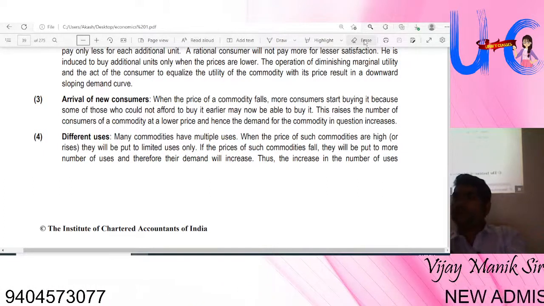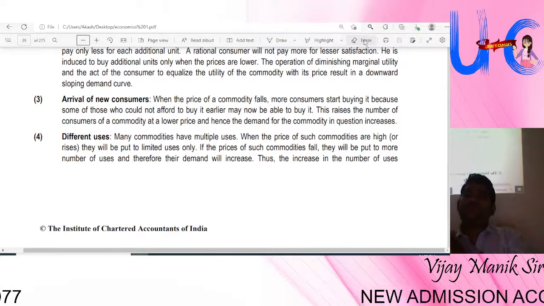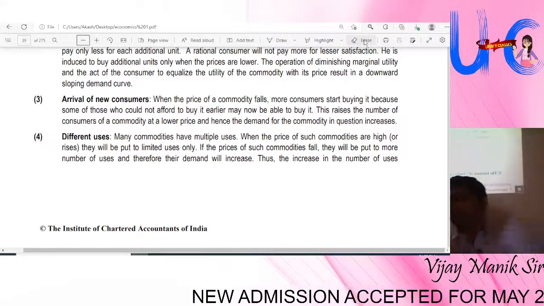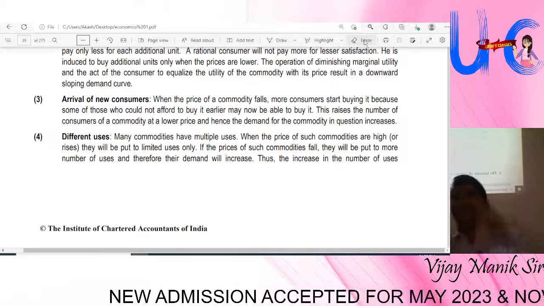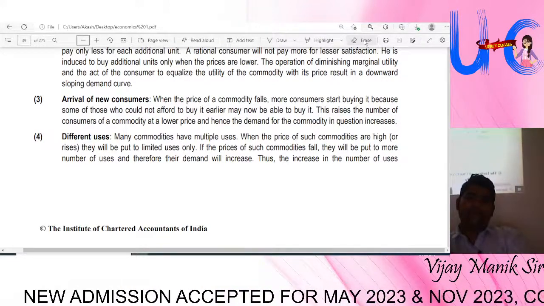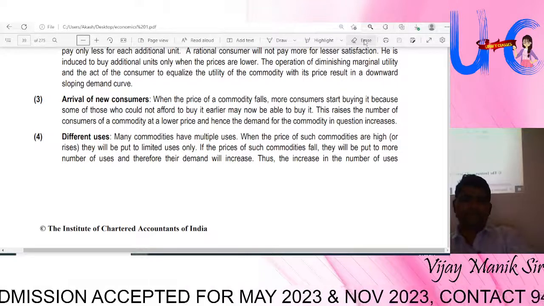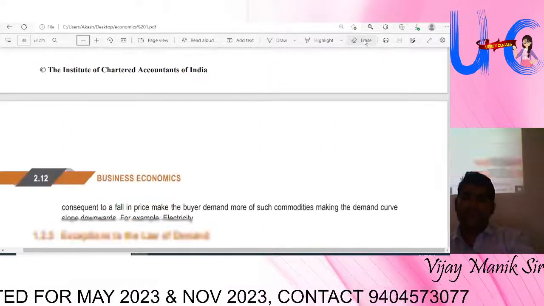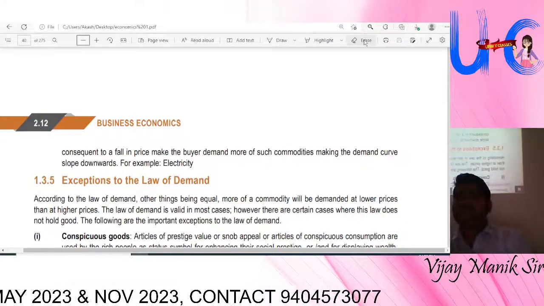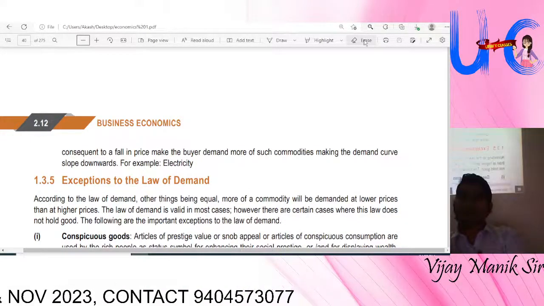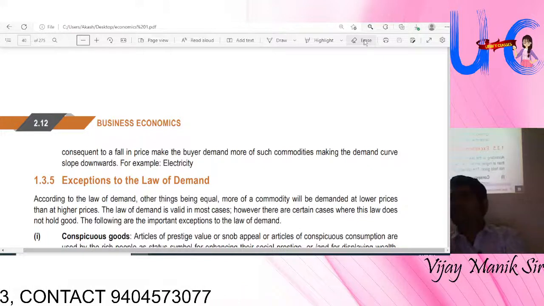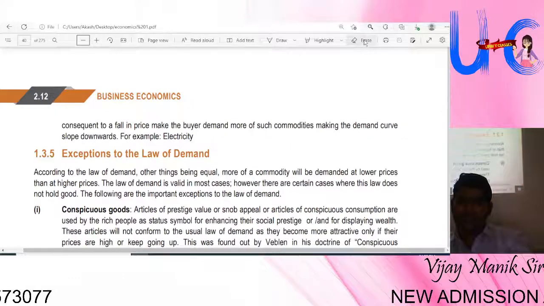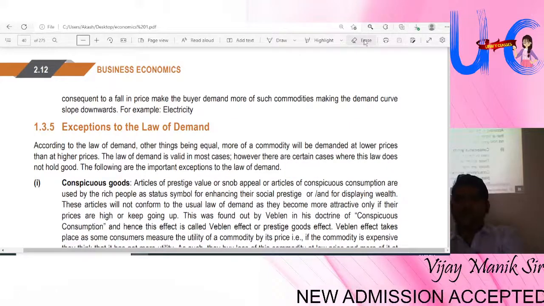Now the producer has to keep the consumers and continue to sell his product. Different uses: he can also make the consumers understand how great his products are, and how they can be put to the right use. In this way he can make his product good.